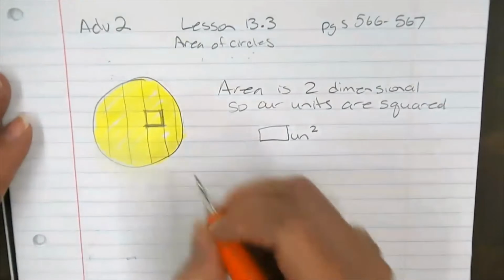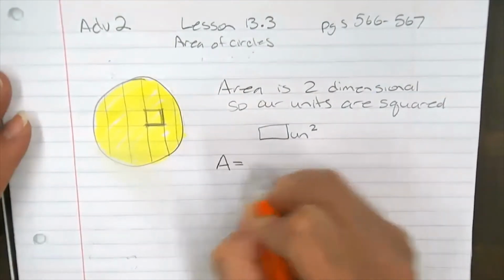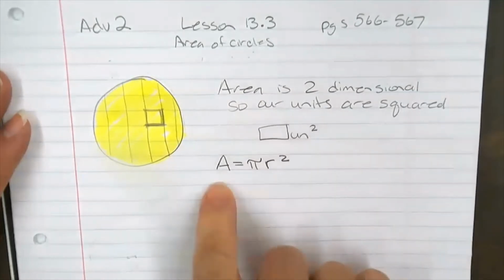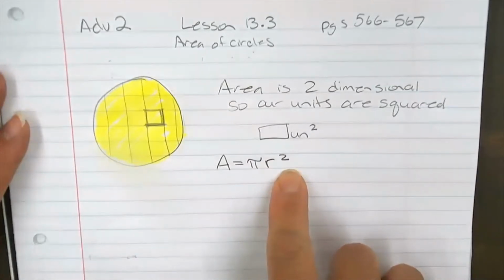Okay. The formula for the area inside the circle: area is equal to pi r squared. Area is equal to pi times the radius squared.